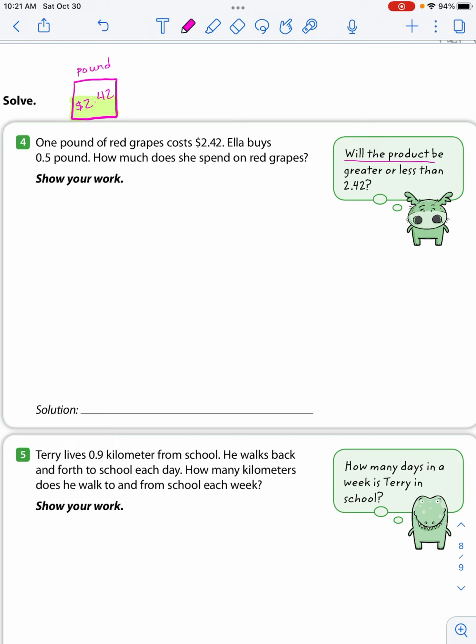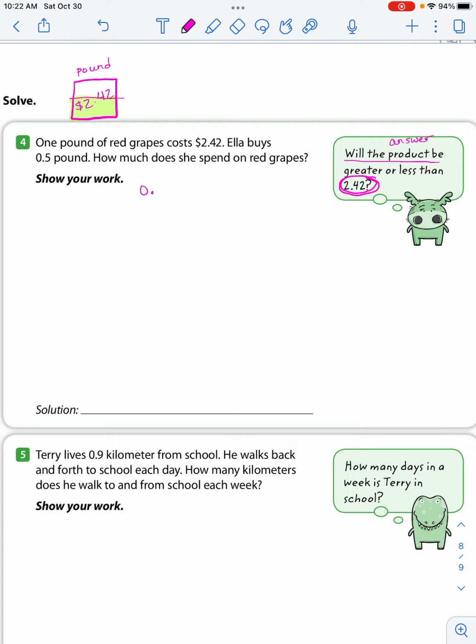Look at this guy. Will the product, or the answer to a multiplication problem, be greater or less than $2.42? $2.42 was the cost for the whole pound, but if you remember my drawing, it says that she bought half a pound.